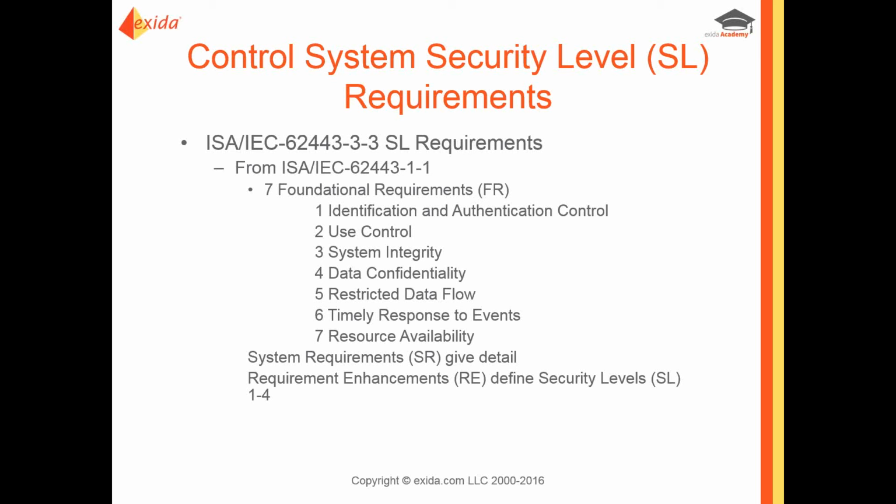One of the problems with 3-3 is that it provides no guidance with regard to physical access security, nor does it provide any guidance with regard to the human resources of personnel management.